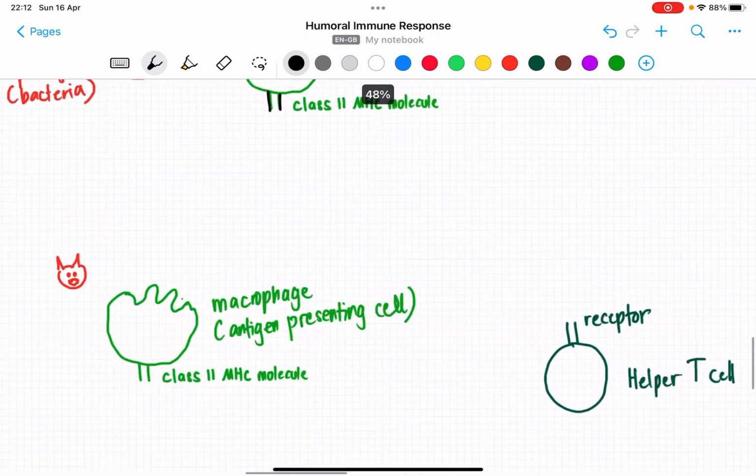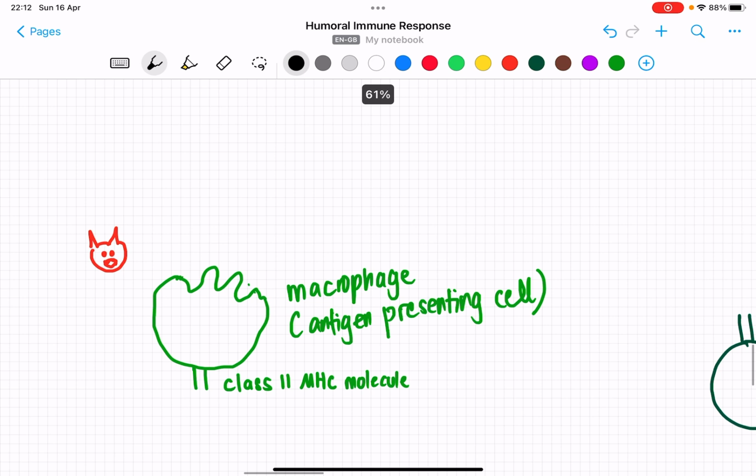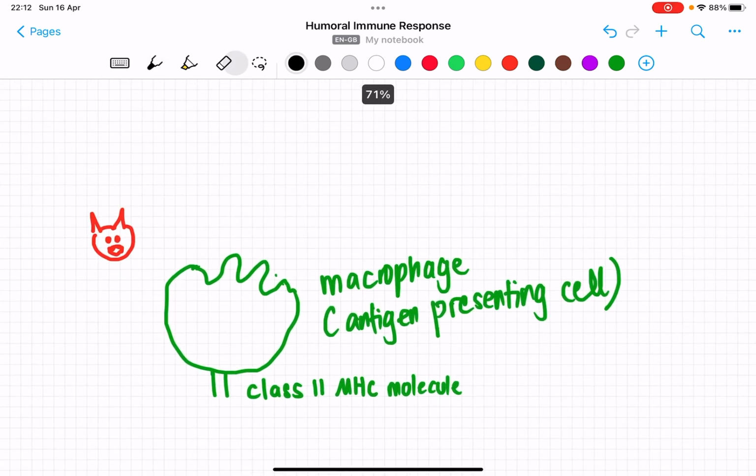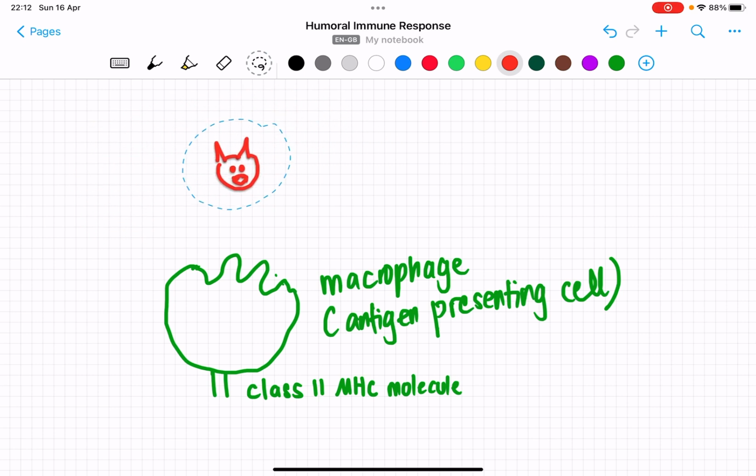These are the processes. Step number 1. The pathogen needs to enter the body. The pathogen could be viruses, could be bacteria. It enters the body as a foreign molecule, and it will move around your body fluid or your blood system.